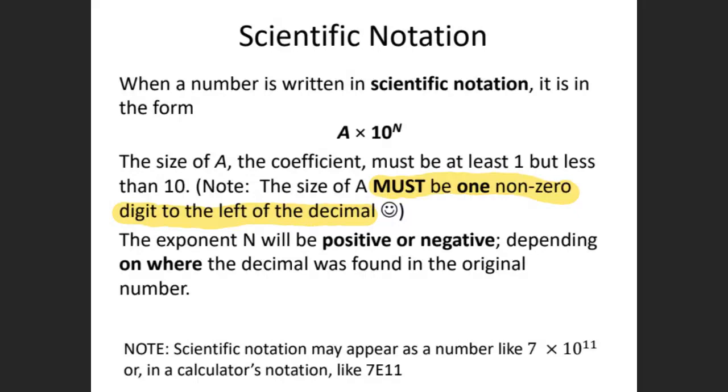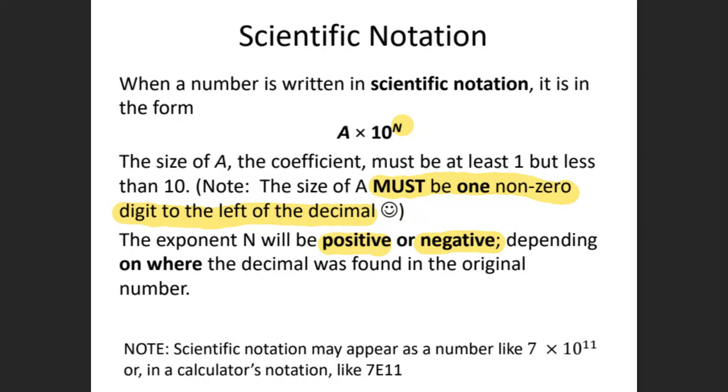The number A must be a number that has one non-zero digit to the left of the decimal. Now, if the exponent, which is up here, is positive, we're going to move the decimal to the right. If it is negative, we're going to move it to the left.